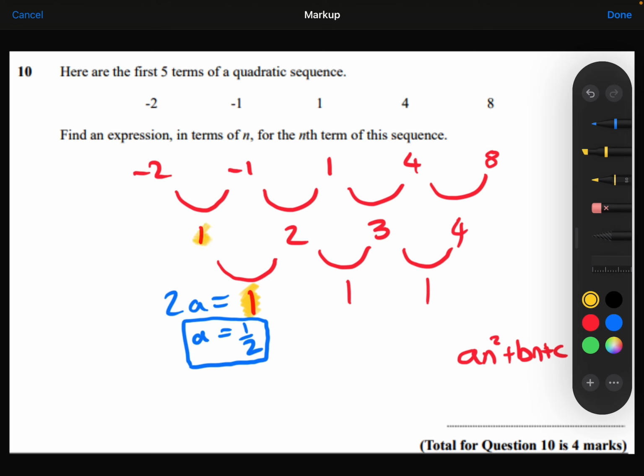Next, I know that this number here is always equal to 3a plus b. And I've just worked out that this a was 1/2. So 3 times 1/2 is 1.5, or 1.5 if you prefer.